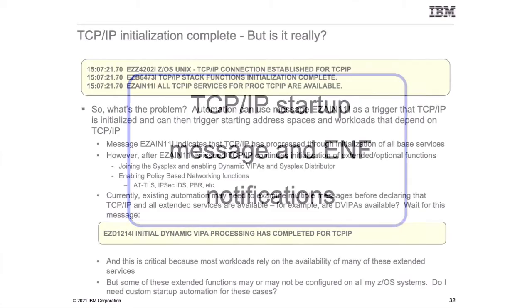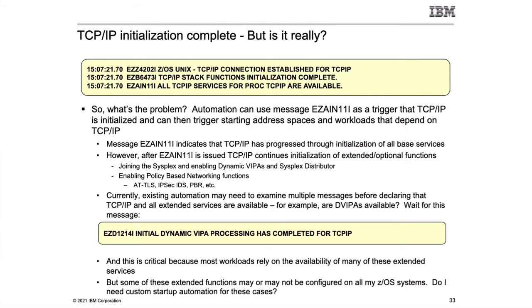When you start TCP/IP, you will see message EZZ4201I being issued. This looks like it is a pretty good indicator that TCP/IP is initialized. But digging deeper, that message only indicates TCP/IP has completed initialization of base services. Depending on your configuration, there may be a set of extended or optional functions that also need to be completely initialized before your workload applications can be started.